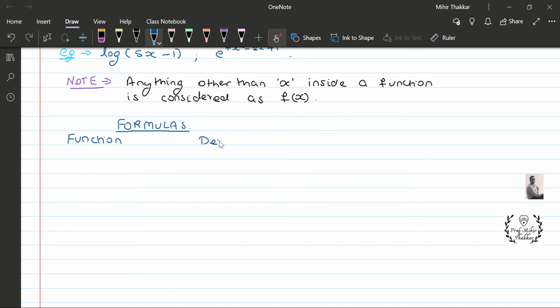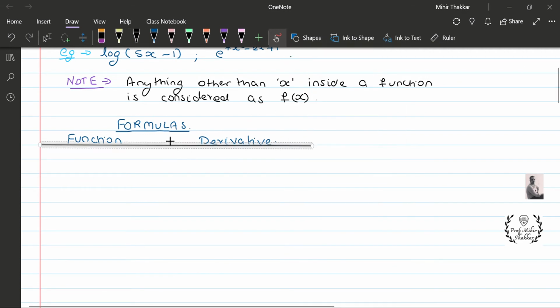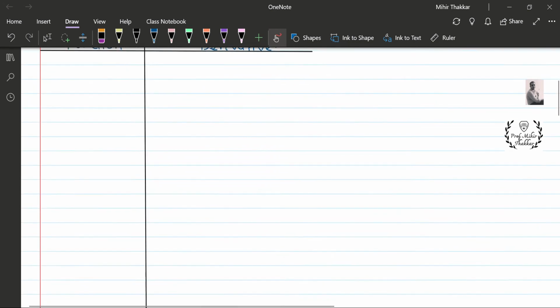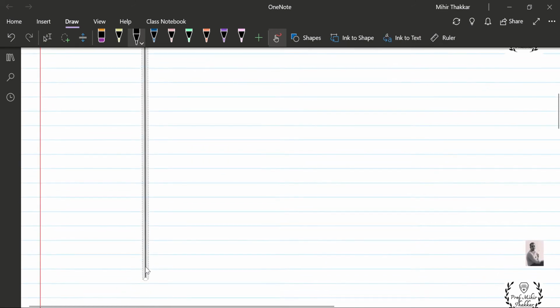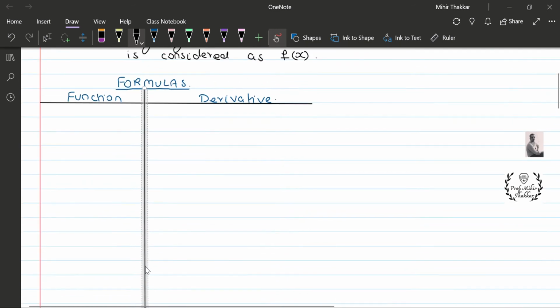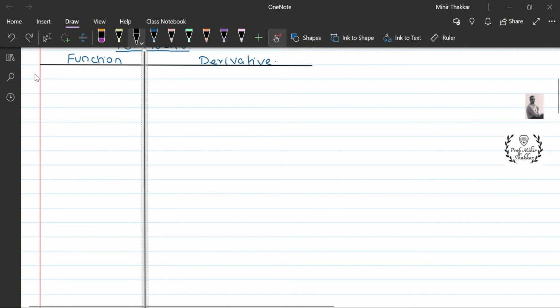Function and the derivative. So the very first formula that we have is y is equal to fx raised to n.